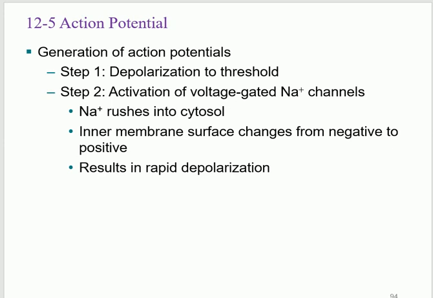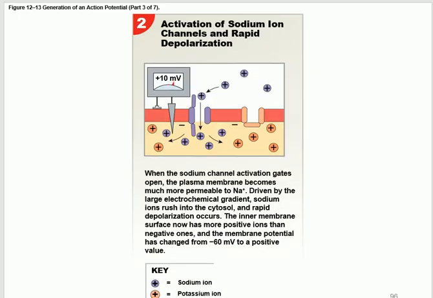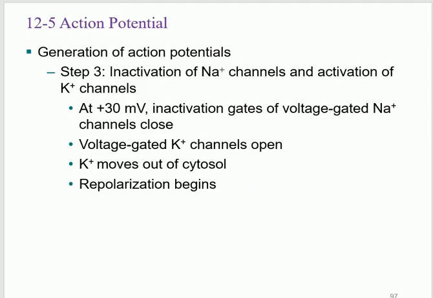So here it is: depolarization, reach the threshold, activate voltage-gated sodium channels, sodium rushes in, rapid depolarization until you reach positive 30. And what's the positive 30? Sodium channels inactivate, potassium channels activate.